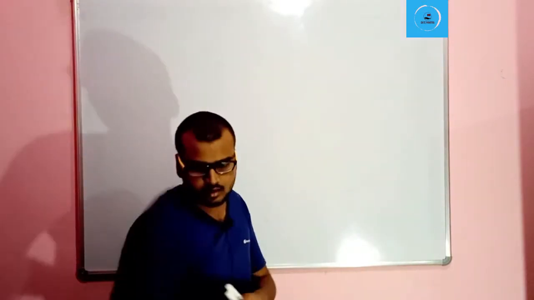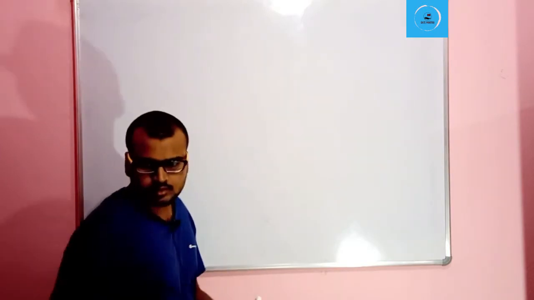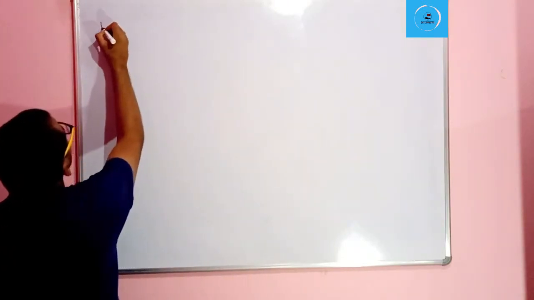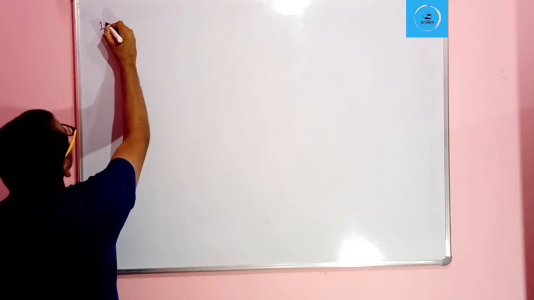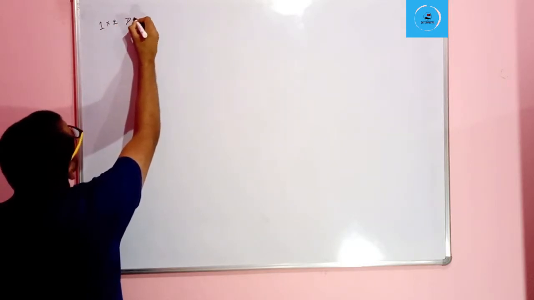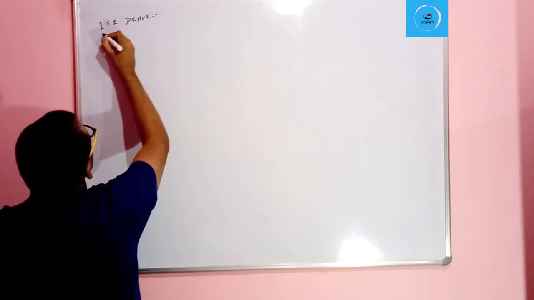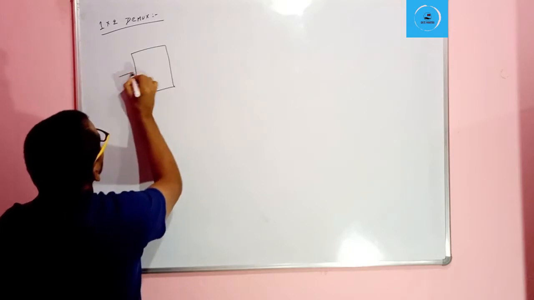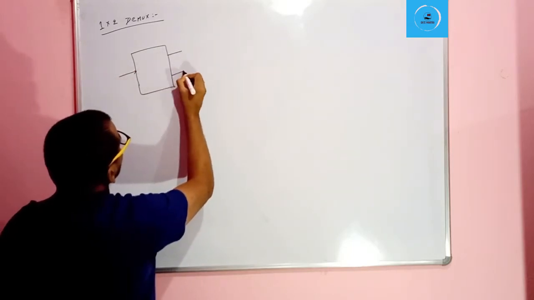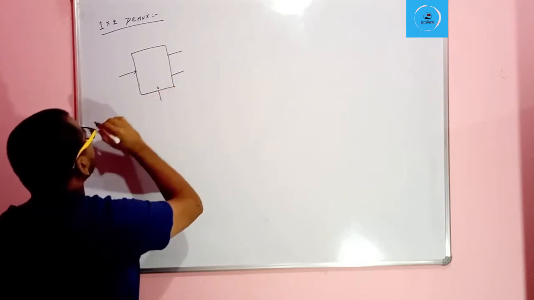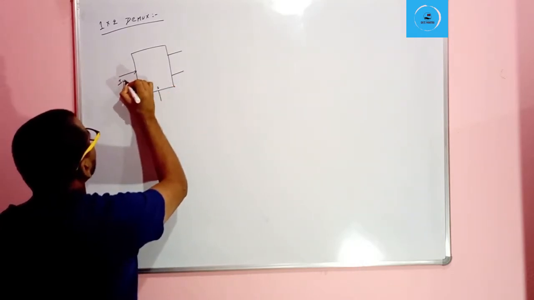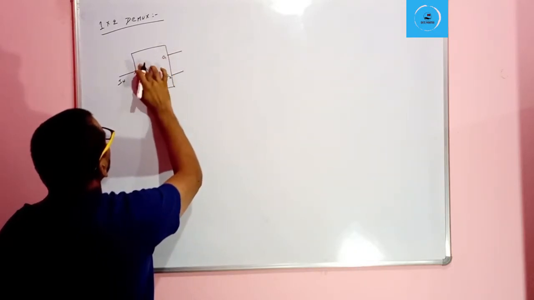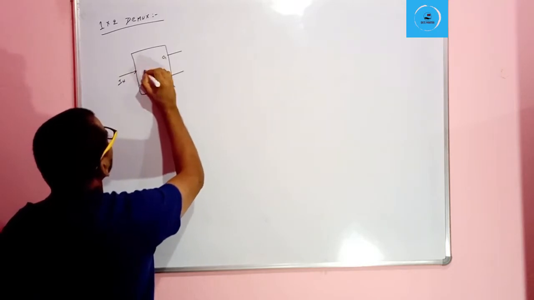So here is the 1:2 demux. It has one input and two outputs and only one selective line. So here is the input IN and here are the outputs. This is the 1 to 2 demux.